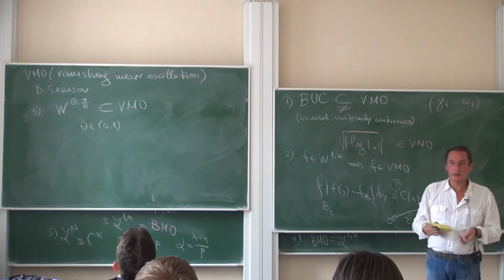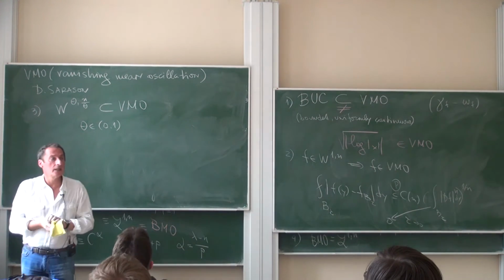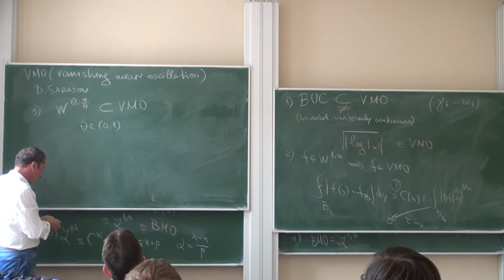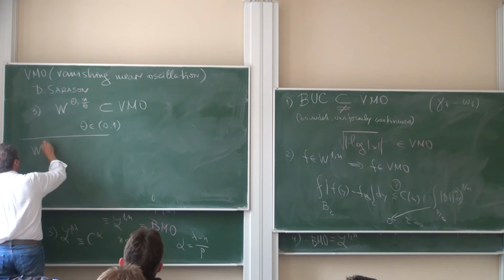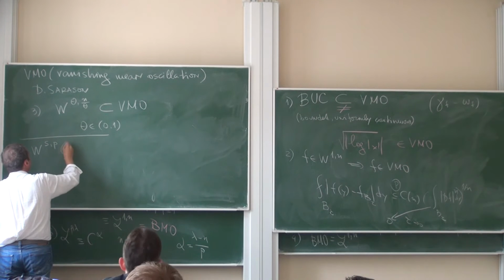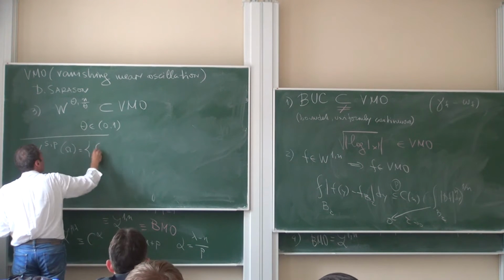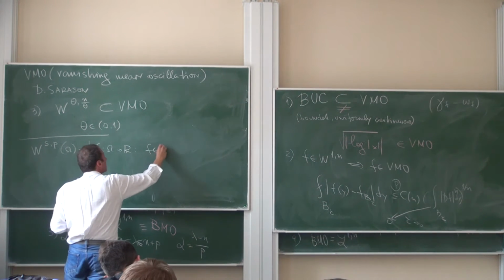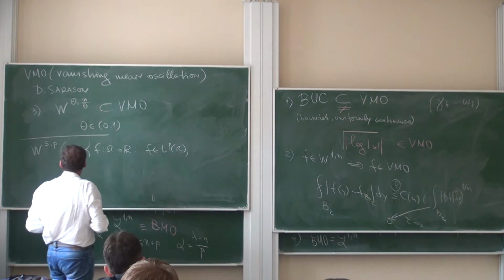You know the fractional Sobolev spaces, yeah? Well, let me just recall the definition of the fractional Sobolev space W^{s,p} in omega, for example. This is the collection of all the functions defined in omega with values in R, such that f stays in L^p(omega), and such that this quantity is bounded.